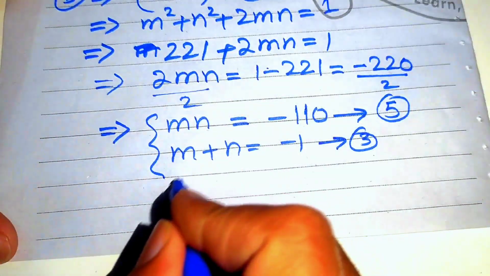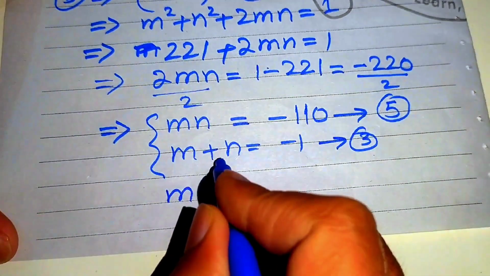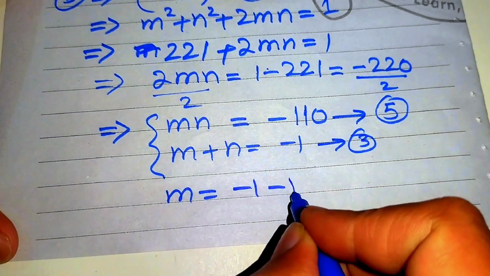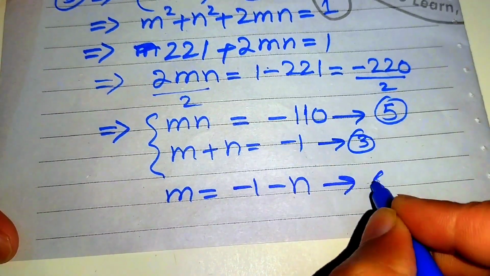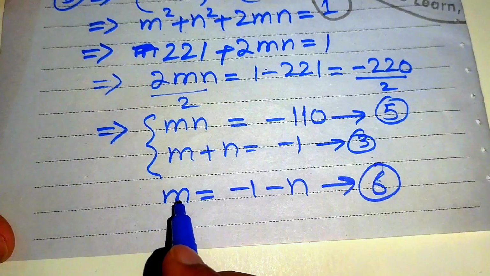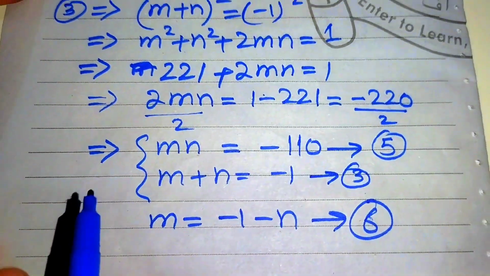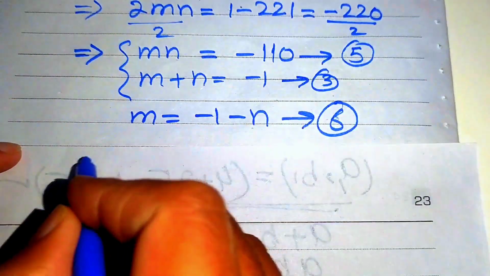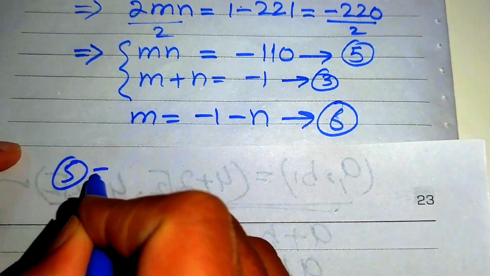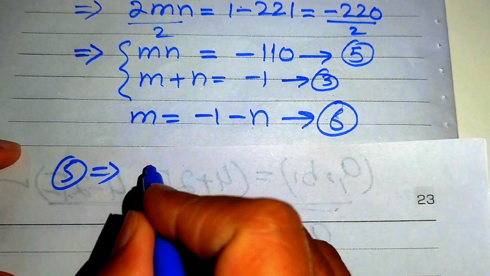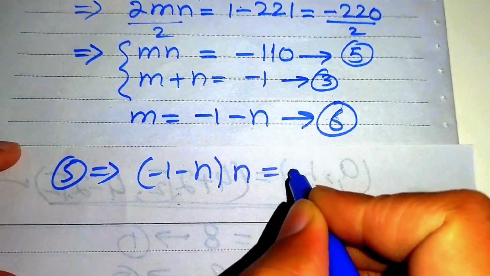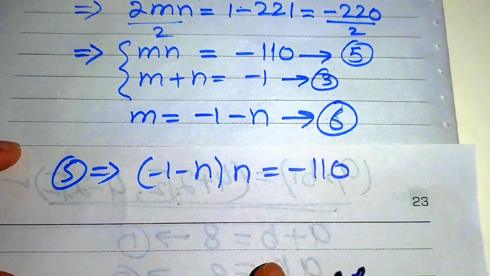So here we find the value of m. We move this n to the right hand side and it becomes minus 1 minus n, and we call this equation number 6. So we put this value of m in equation number 5. Now equation number 5 implies that we put the value of m here and it becomes minus 1 minus n, multiplied by n, equals minus 110.